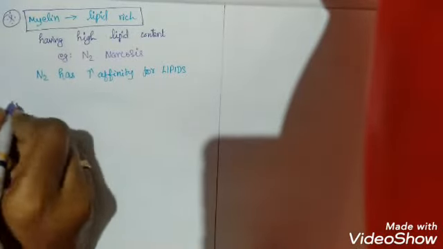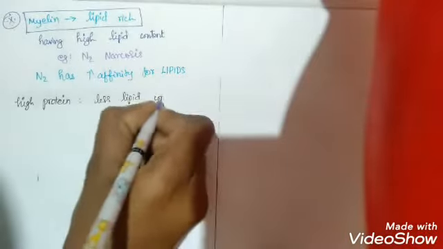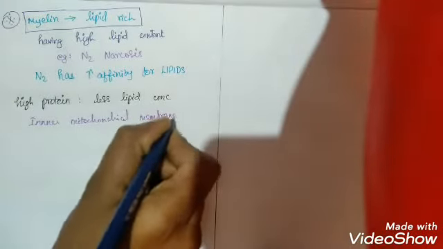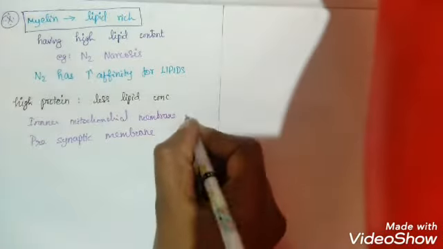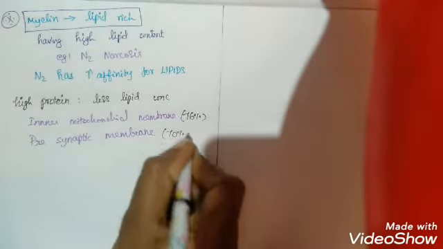Next is high protein and less lipid concentration. This is seen in the inner mitochondrial membrane and presynaptic membrane. The inner mitochondrial membrane consists of 76% protein and the presynaptic membrane consists of 70% protein. The inner mitochondrial membrane has high protein because of the enzymes.